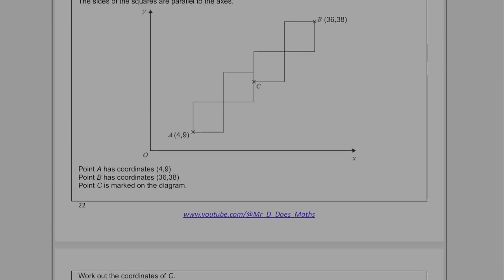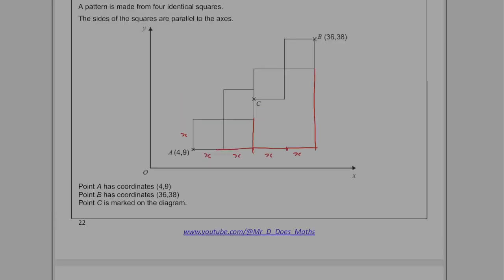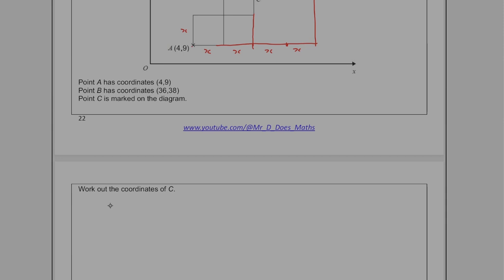Right, so the way I'm going to do this is, if I call it X by X for now, we've actually got 4 lots of X. So I'm going to work between this point and this point. I'm going to start by looking at my X coordinate and seeing what the difference is. So I'm going to say 36 minus 4, and then I'm going to share that between 4.